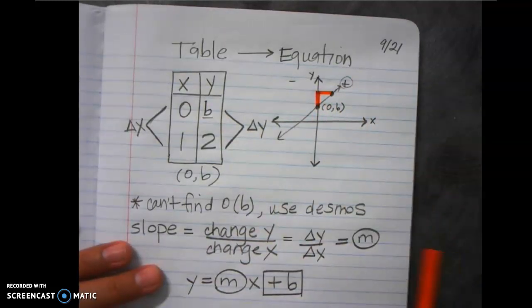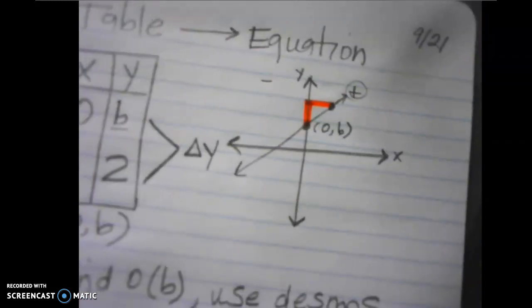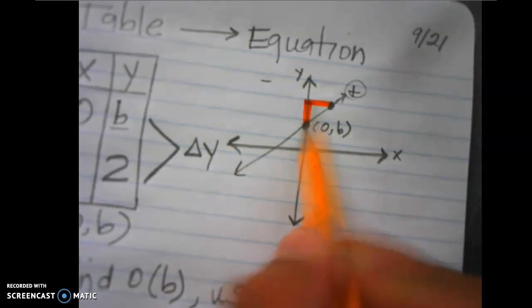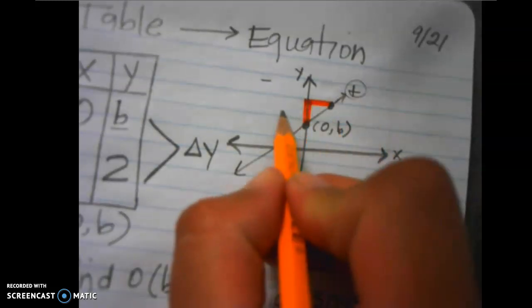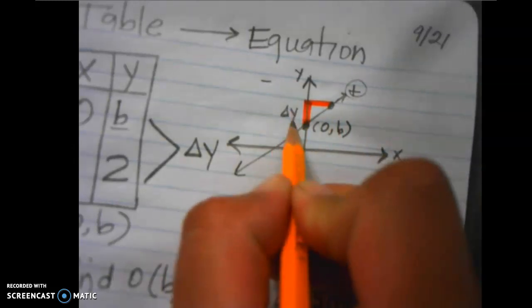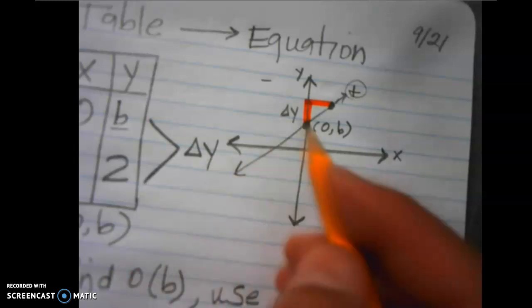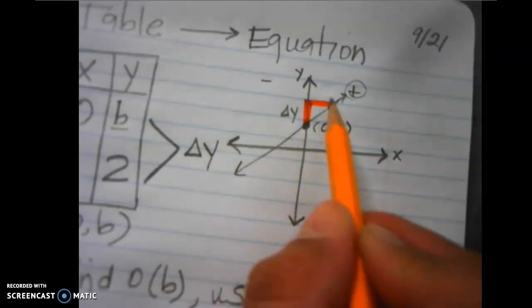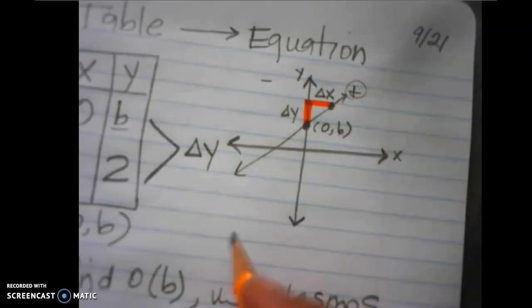When we rise, we are changing from one point to another point on the y-axis, so that is the change in y. When we find our run, we are changing from one point on the x to another point, so we're finding the change in x.